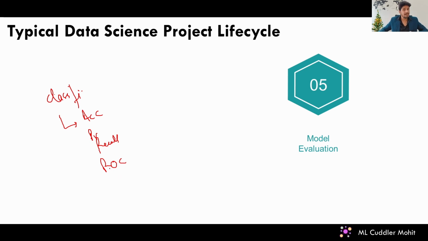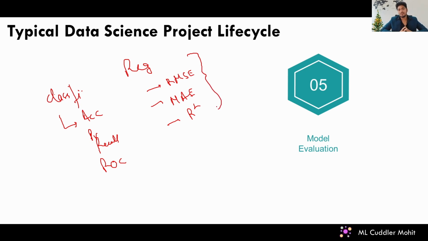For the regression problem, we again have different metrics like RMSE, root mean squared error, mean absolute error, R square, adjusted R square. So these are the different metrics out there to evaluate our model.